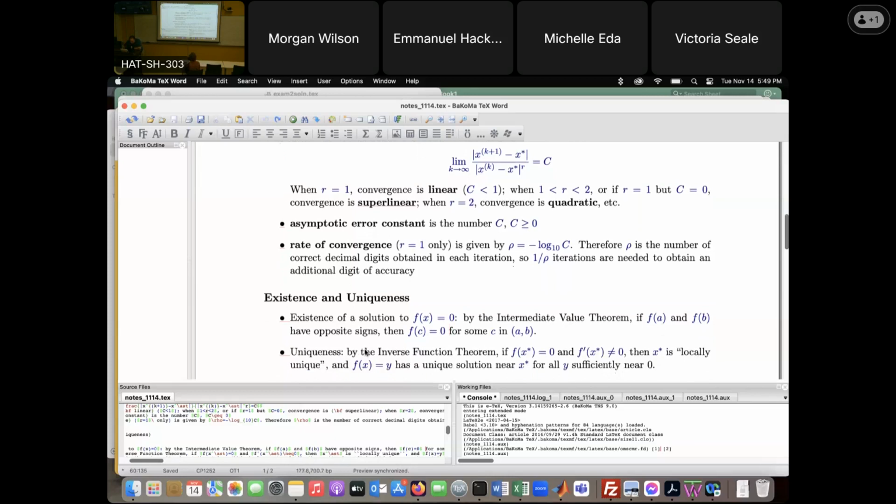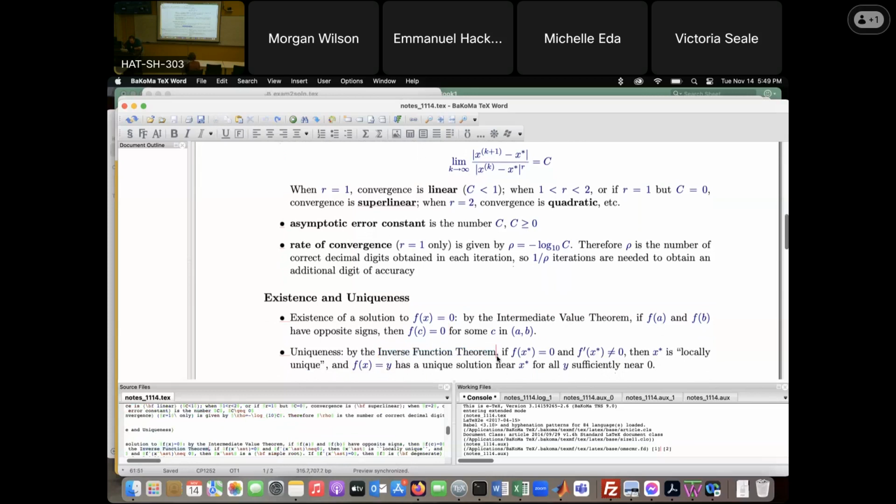As far as uniqueness, we don't have much to go on here. But we do have what's called the inverse function theorem. What that says is if f has a root at a certain point x star, and if the derivative at that root is non-zero, then the equation f of x equals y is guaranteed to have a unique solution near x star as long as y is close enough to 0.